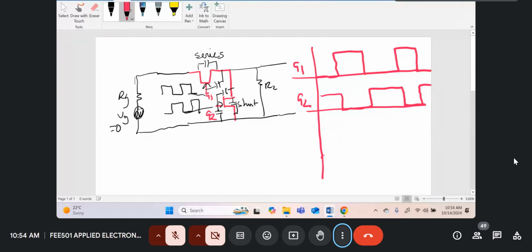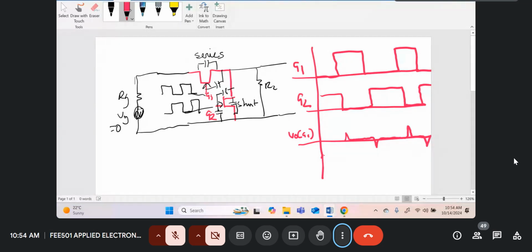So if you consider the output due to the driving gate voltage due to gate 1 only, I'll call it V0 as a function of gate 1. So you're going to be getting, I'll start from here, this interval, spikes like this.